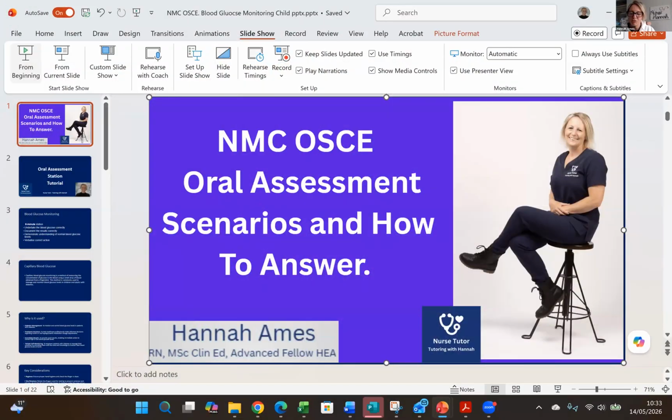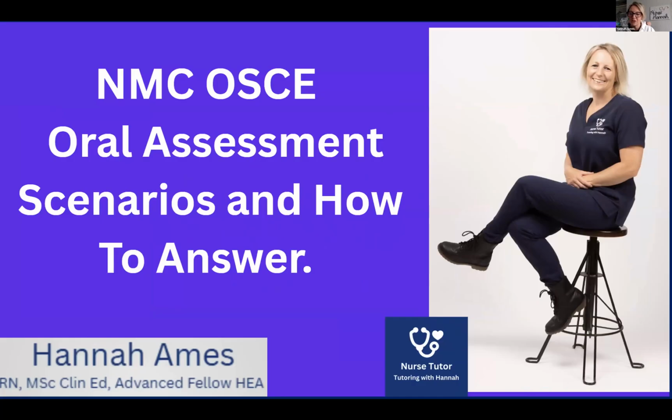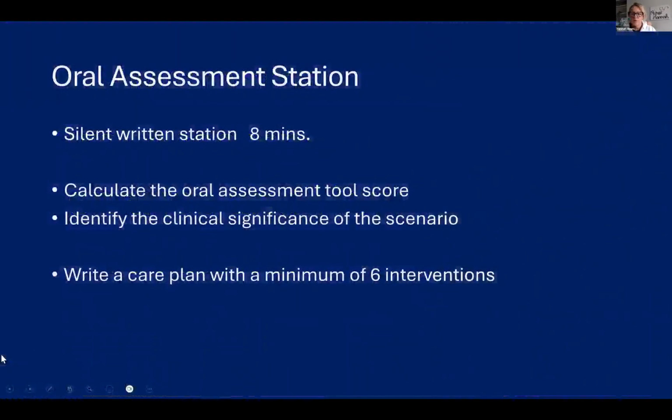Okay, so oral assessment, written clinical skills station. I'm going to take you through the 4 scenarios, and the key things you need to do to answer them. This station is a silent written station of which you have 8 minutes, so no verbalisation, and there are 3 components that you need to do. One is to calculate the oral assessment tool score, and I'm going to show you that.